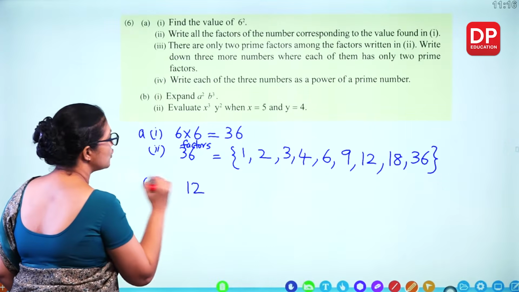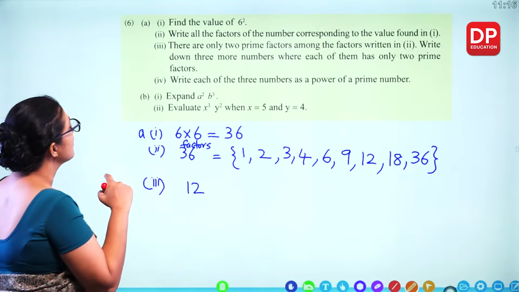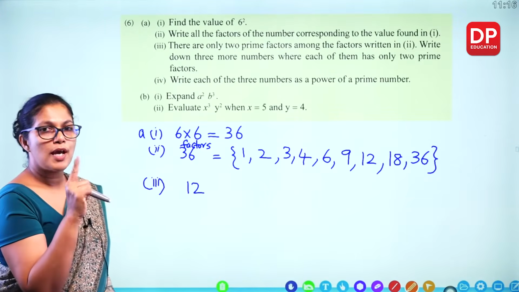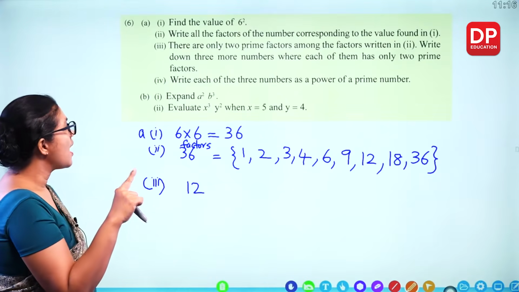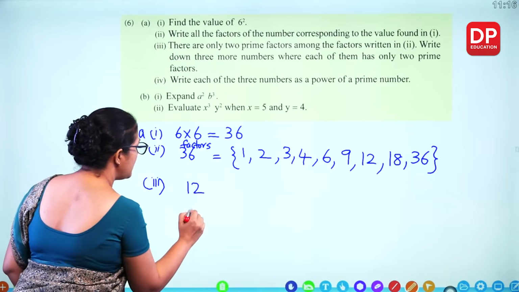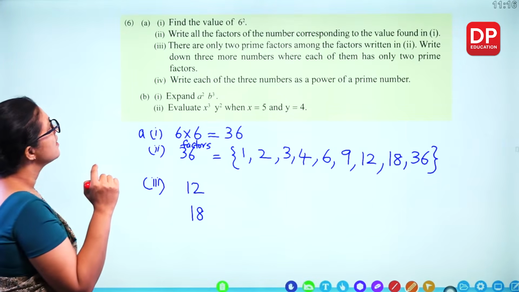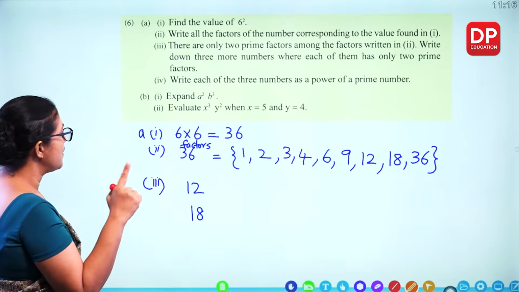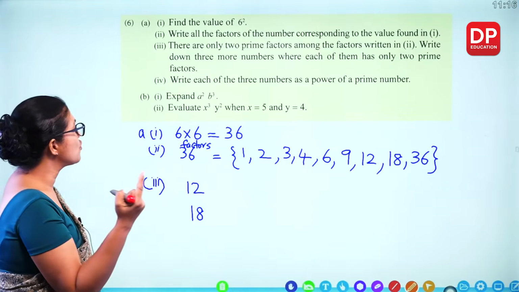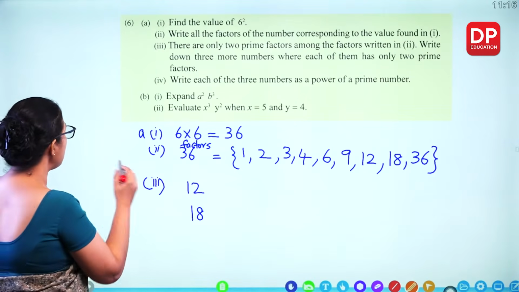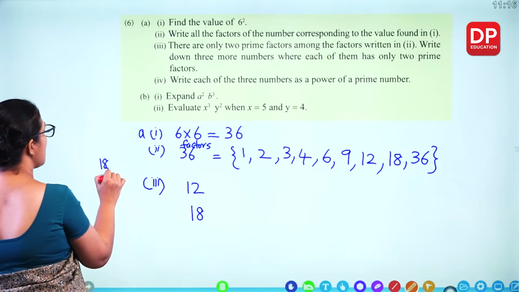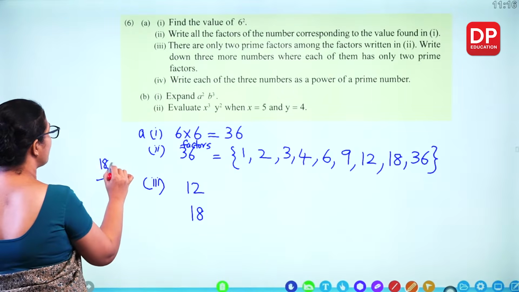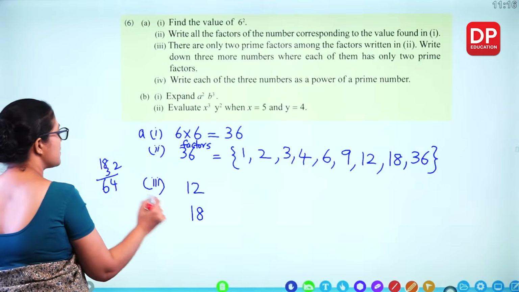So 12 is also possible. Then 2 times 3, 6. 6 times 3, 18. 18 times 2 or 18 times 3 is also possible. 18 times 3, 64.